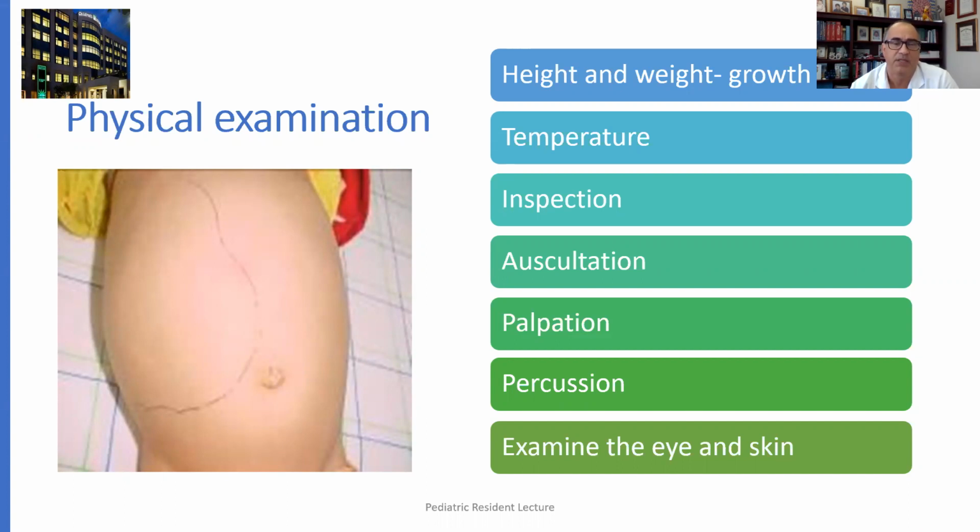Let's say inspection. I remember a baby from the NICU. We did not have any prenatal care, and the mom said that the mass was decreasing in size. And I said, how come? I'm not sure, but every time I change diapers in the NICU, I feel that the mass is smaller.